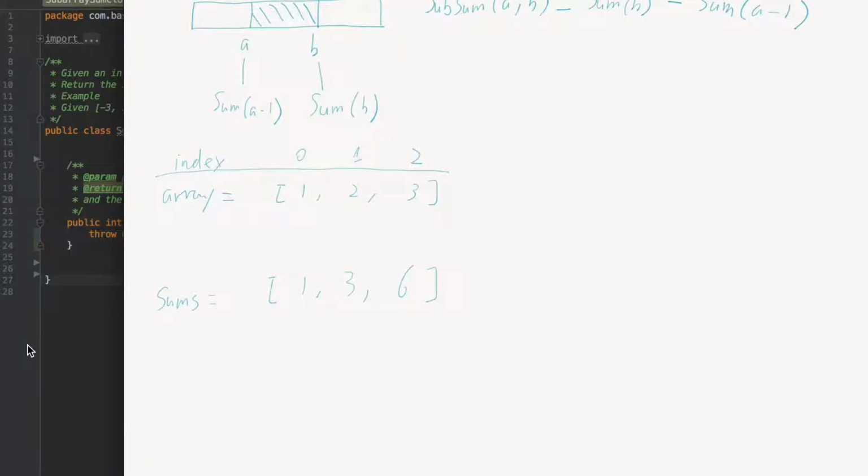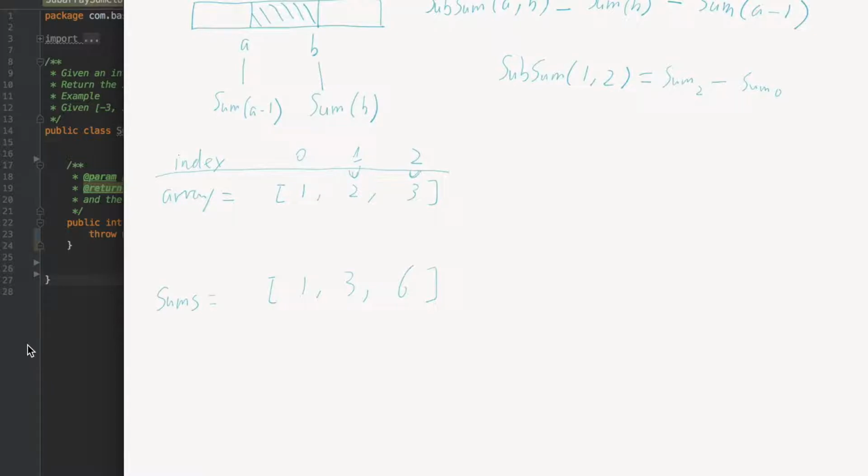So now let's say we want to calculate the subsum of 1, 2, which is just two elements, 2 and 3. According to the equation, we need to get sum 2 minus sum 0.